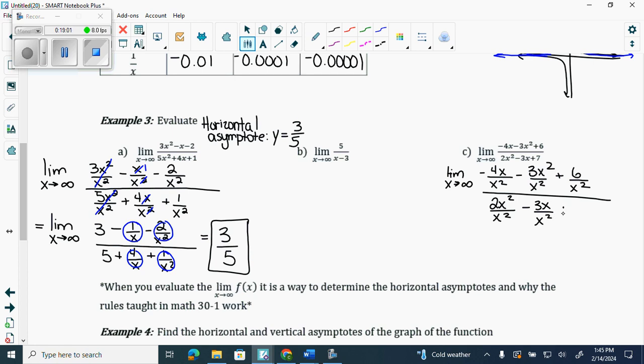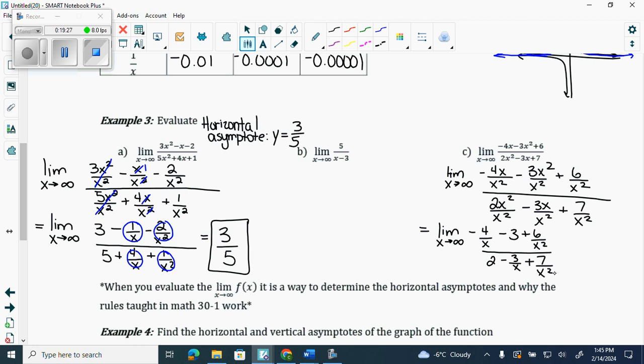I'm going to show you the long convoluted way this could be written so that it makes a little more sense. This can turn into the limit as x approaches infinity of -4 over x minus 3 plus 6 over x squared, over 2 minus 3 over x plus 7 over x squared.